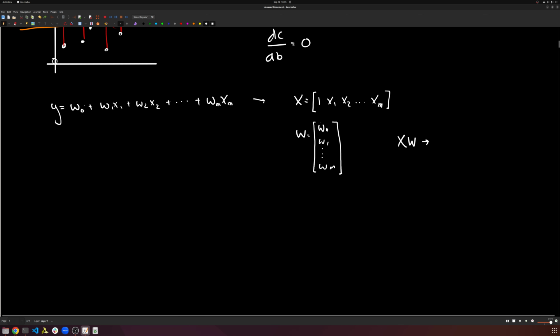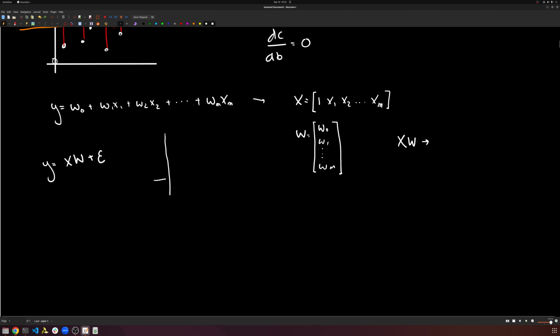So our final thing is y. We can now rewrite it like this: y is equal to xw plus an error term. Again, let's redraw this a little bit. So our data looks like this.